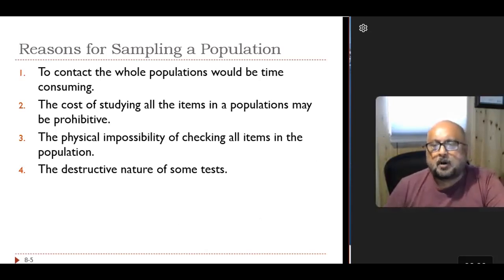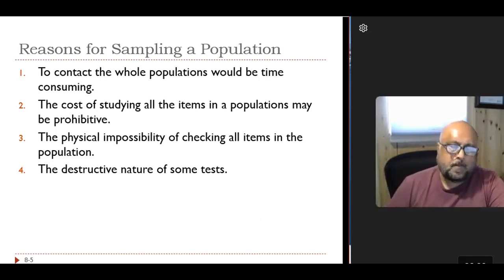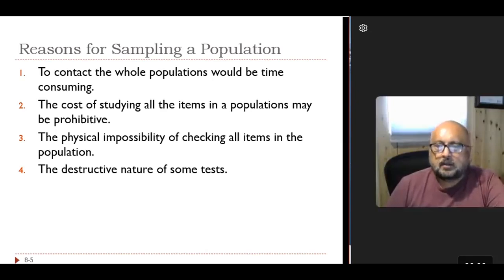Reason for sampling a population. So why do we need to sample? There are several practical reasons why we prefer to select portions or samples of a population. We have to observe and measure when studying the various characteristics of a population.